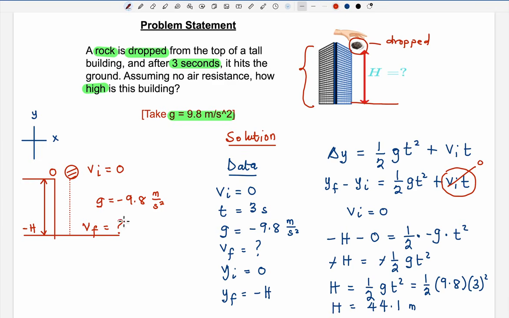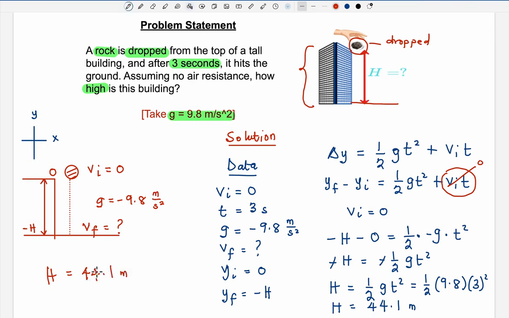Therefore, after solving this problem, which is an object that is dropped, knowing the time it took this object to hit the ground, knowing acceleration of free fall, the height of this building, that's the height it traveled until it hit the floor from the top of the building, is equal to 44.1 meters.